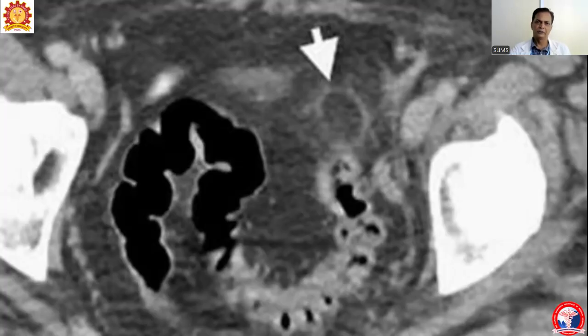And here we are seeing similar density fat within the region. The peripheral region is seen as an uncontrasted, mildly enhancing area, for example, there is a fat stranding. So again, a case of epiploic appendagitis.